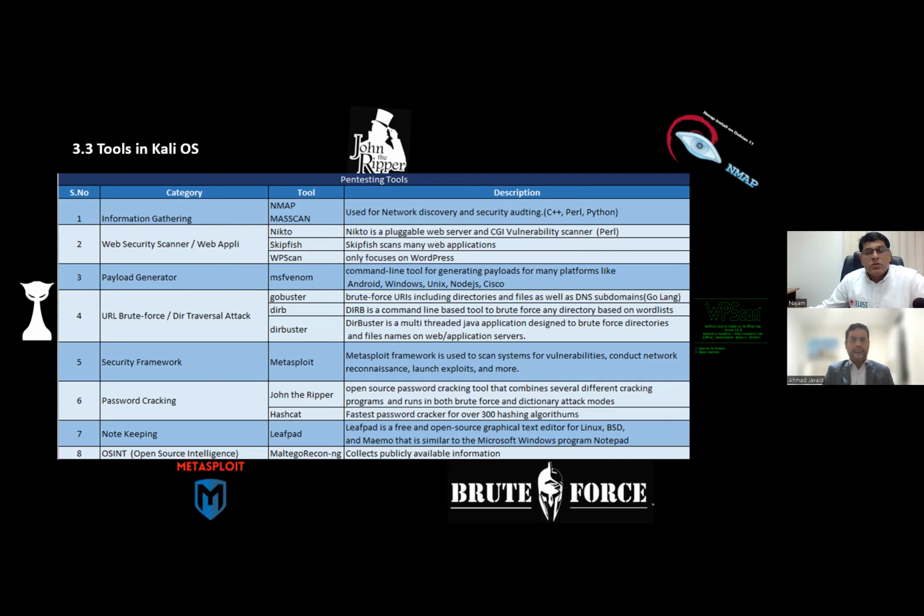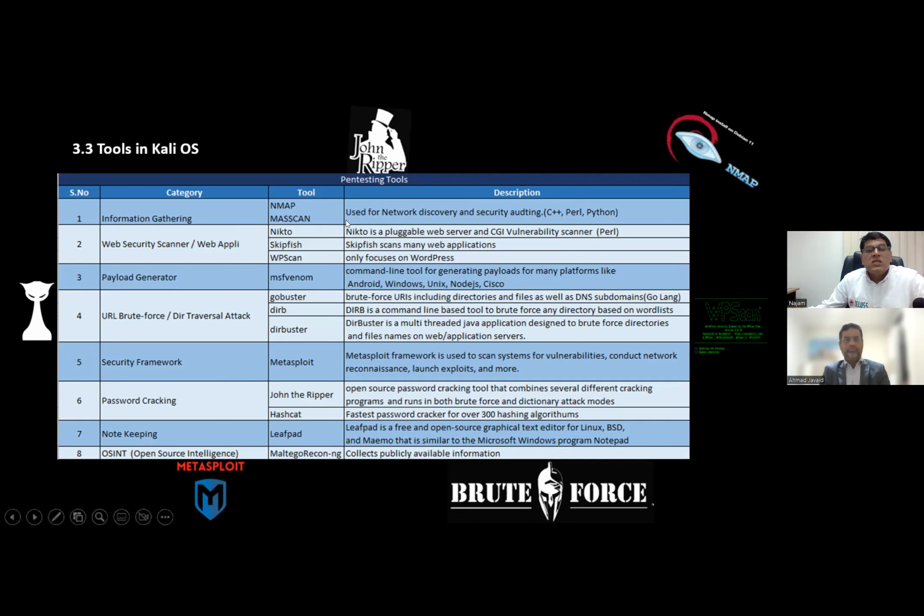Why do we need to learn this tool? Because sometimes through these directory brute forcing tools, we land on a page which has some security holes which are not present on the first page or second page, but they are somewhere in the web server, but we don't know where they are, or what the names of those subdirectories or subfolders are.